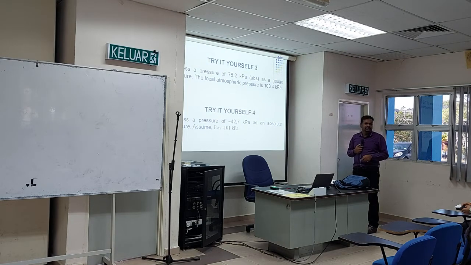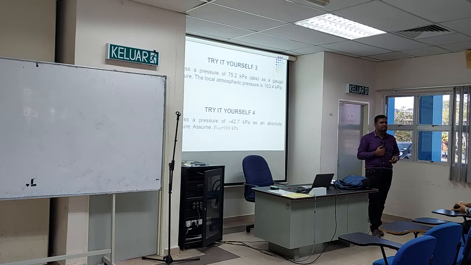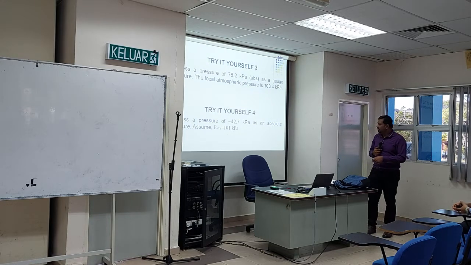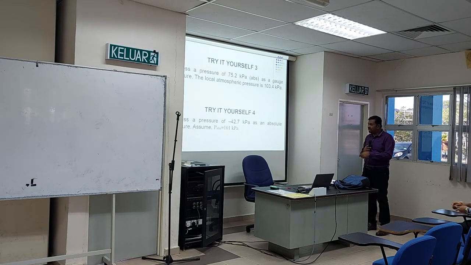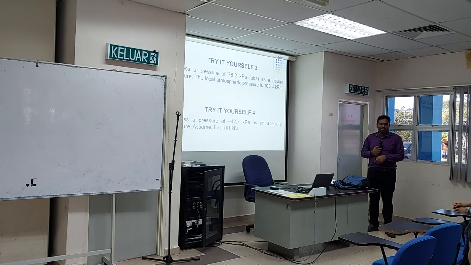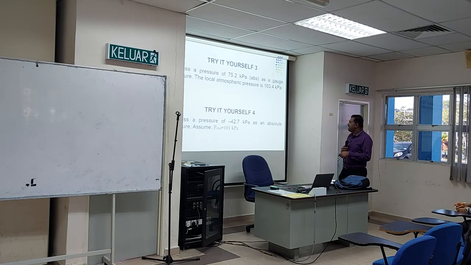Yang ni gauge ke, yang ni absolute ke? Tapi kalau you ada negatif, automatically you tahu yang itu adalah gauge. Kemudian dekat sini pun dia suruh convert ke absolute. So, you tahulah ada pun 3. 2 dia dah bagi. So, maksudnya yang ni adalah gauge. So, dia suruh convert this gauge pressure to absolute pressure.